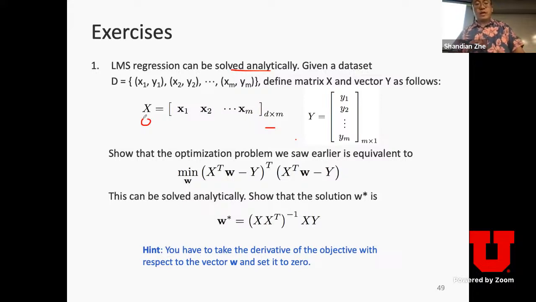Then your objective function can be written in this way. And if you take the gradient of your objective function with respect to the vector w and set this gradient to 0, you will get the closed-form solution, right? And again, I will leave it as an exercise for you.